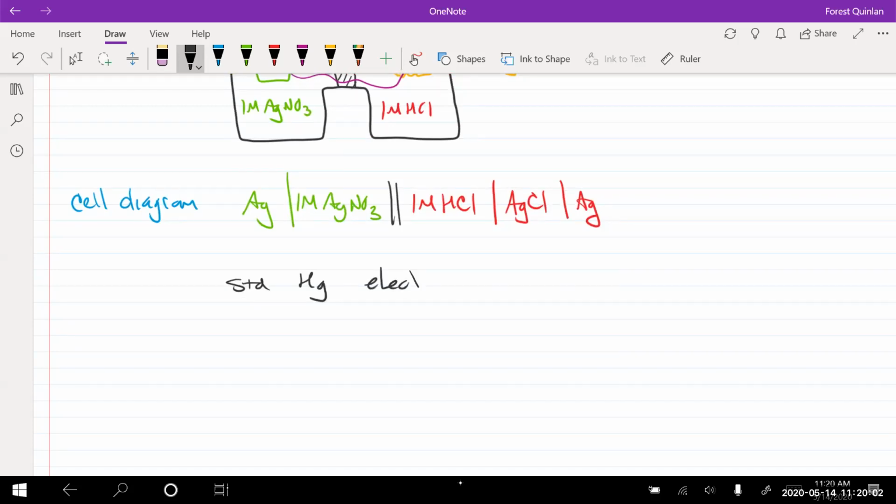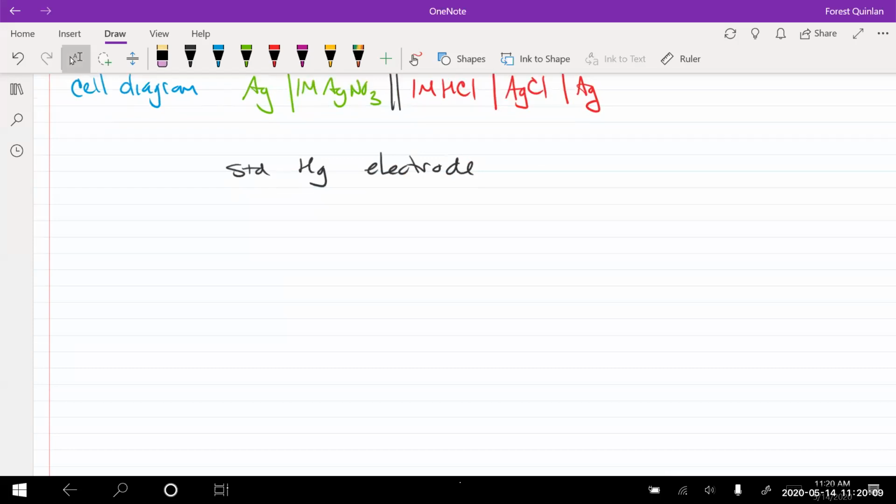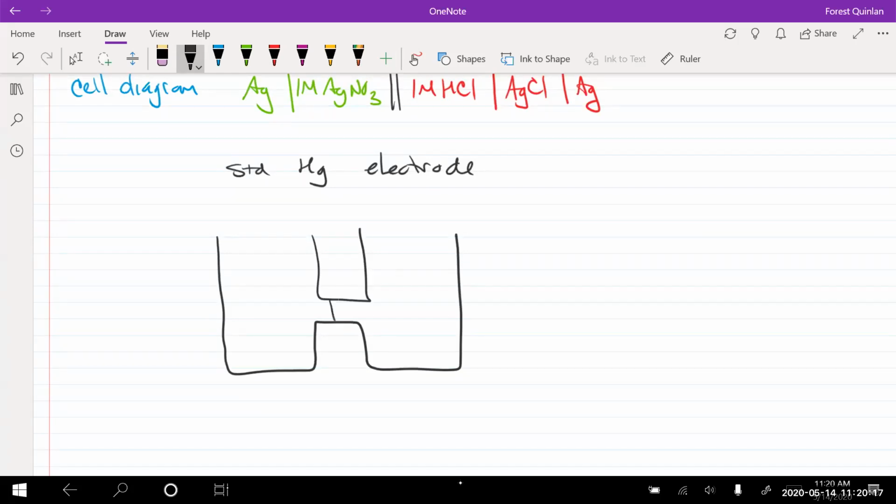Standard mercury electrode. Drew that one. Here we had our solid mercury on the bottom.